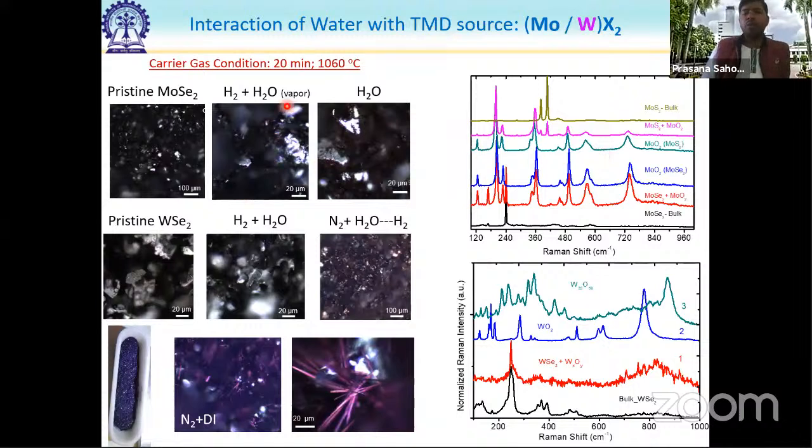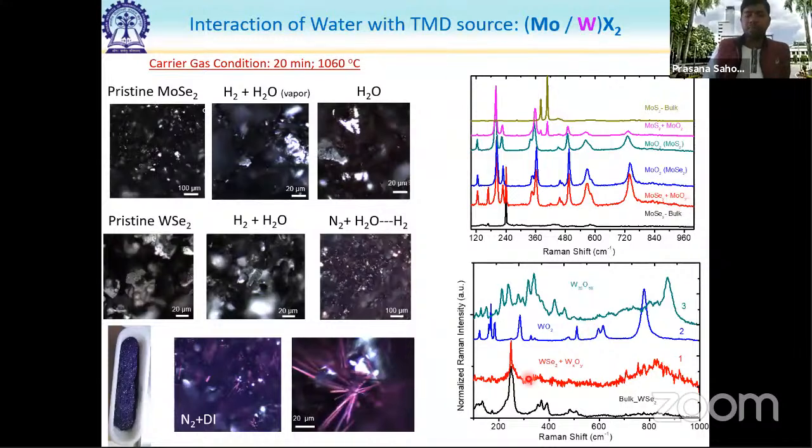When MoS2 interacts with water vapor, a lot of chemical reactions happen, and later it can generate MoO2, molybdenum dioxide, which you can identify from the Raman spectroscopy. Same thing whether you take MoS2 or MoSe2: at the end the selenium evaporates and it forms MoO2.